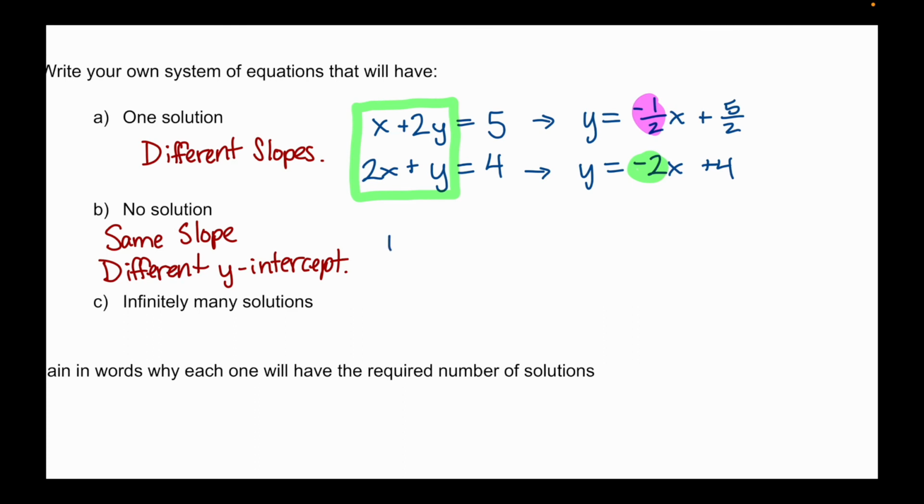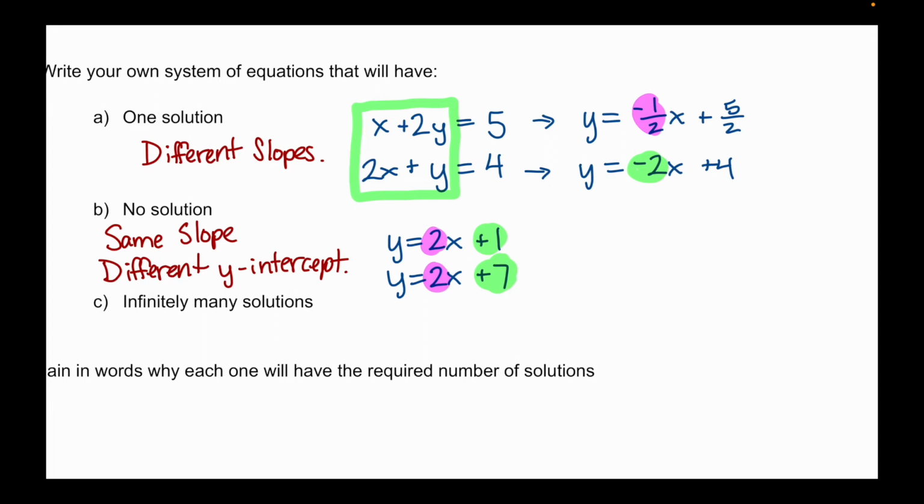Maybe I'll say like y equals 2x plus 1. And then here I would say y equals 2x, since that was my slope in the other one, but this could be plus 7. So I have same slopes, 2 and 2, but I have different intercepts of +1 and +7.